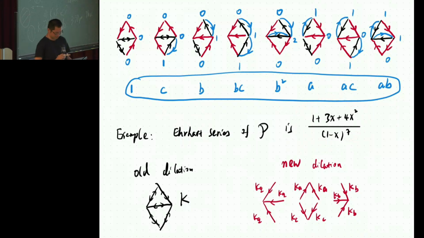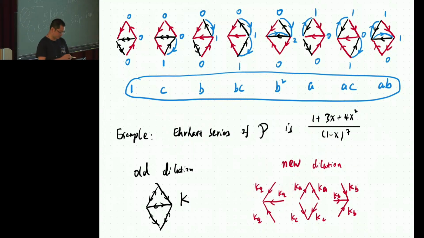In our proof, we will use a new dilation. Since we want to count the number of passive arcs toward a fixed vertex, say this is vertex A, I should give these two arcs the same scalar, but for vertex B, I should give a different one. So I have different scalars, k_Q, k_A, k_B.